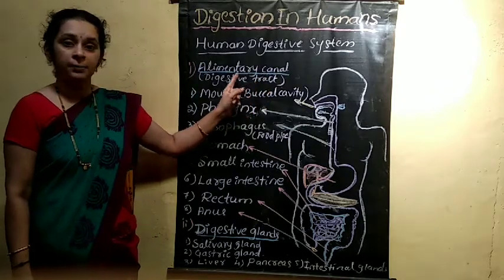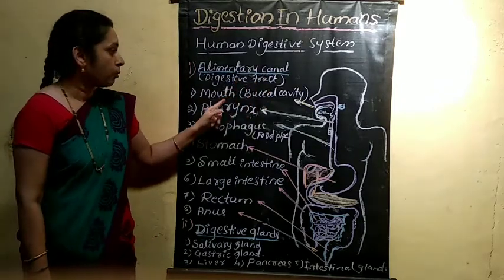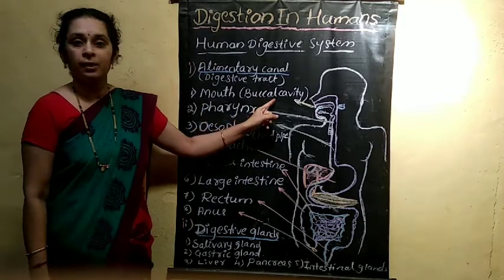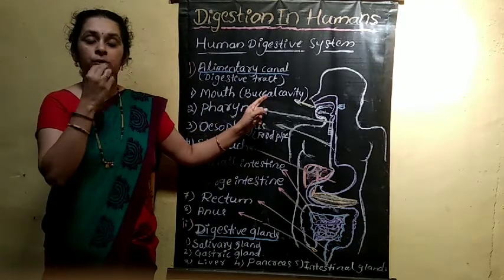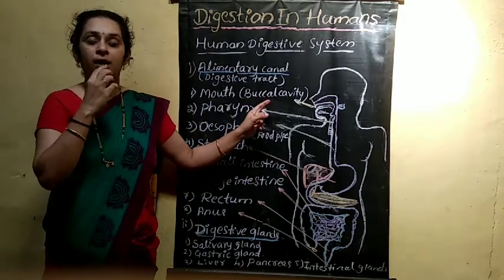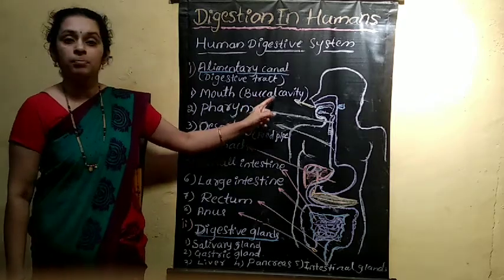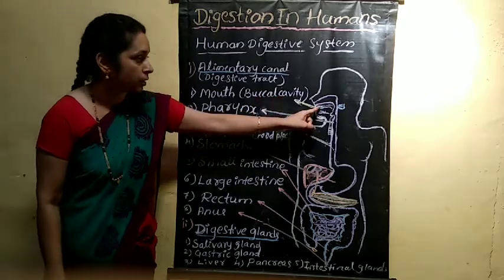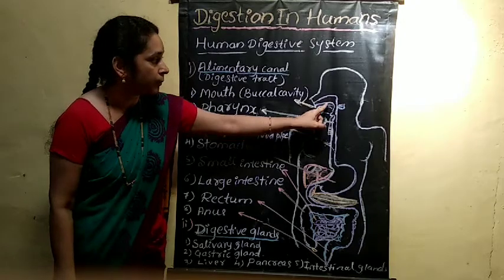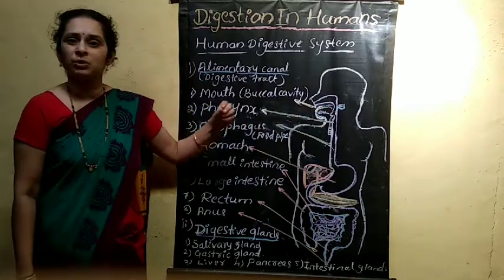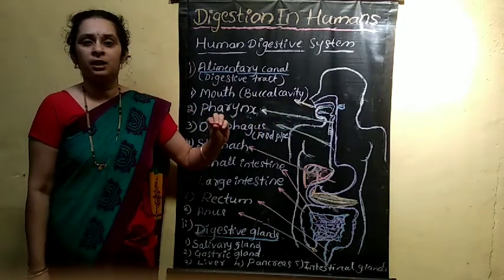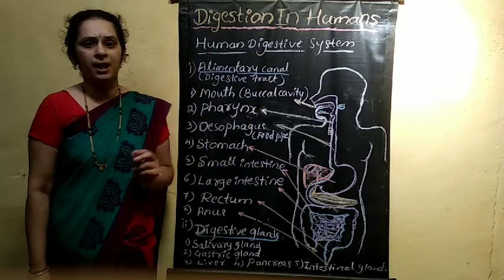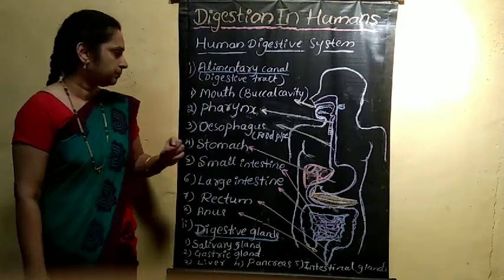It includes the mouth or buccal cavity. When you open the mouth, you will come across a big cavity, which is called the buccal cavity. In that you will come across teeth, tongue and different types of glands.